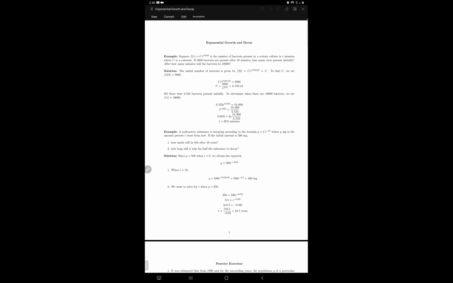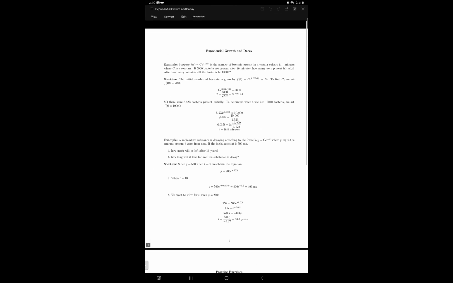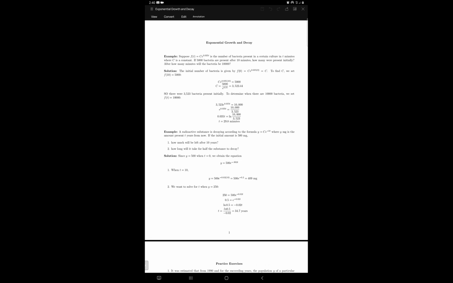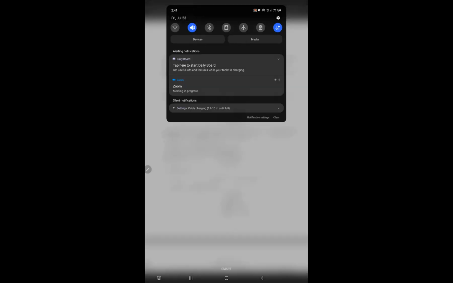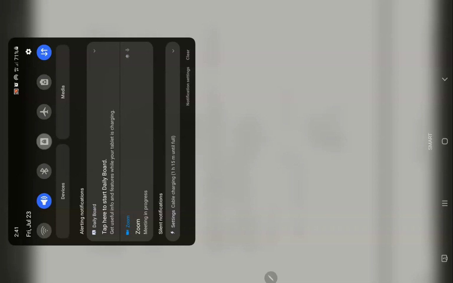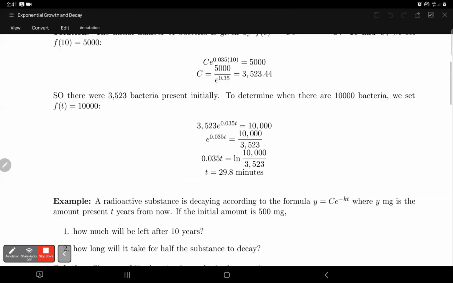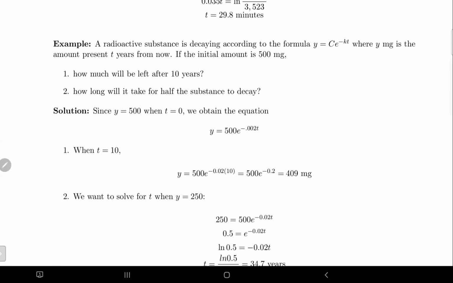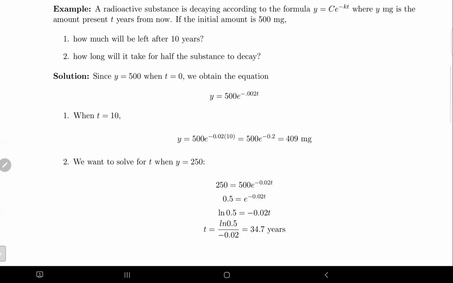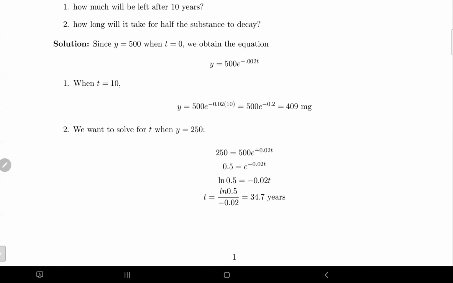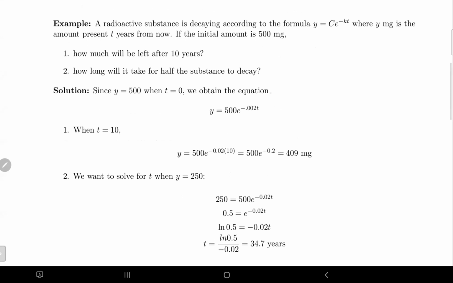Ito yun, in the line for when t is equal to 10, shouldn't it be negative 0.002 po? Parang kulang po siya ng isang zero. Sa number 1 po, when t is equal to 10. Okay. So, naging typo error, ano? It's a typo. Okay po. I got scared. I thought I solved it wrong. Anyway, I'll be discussing this in the next class naman.